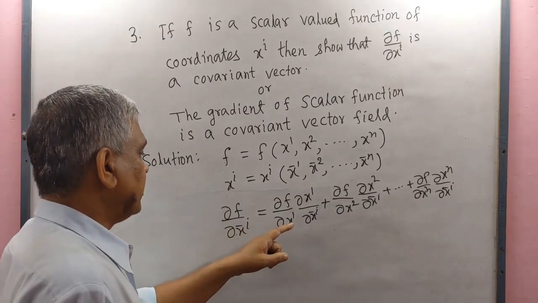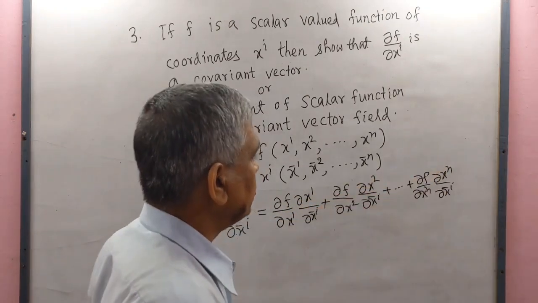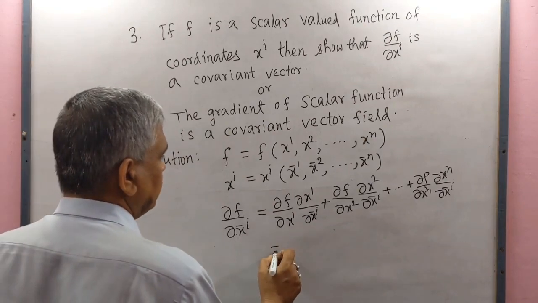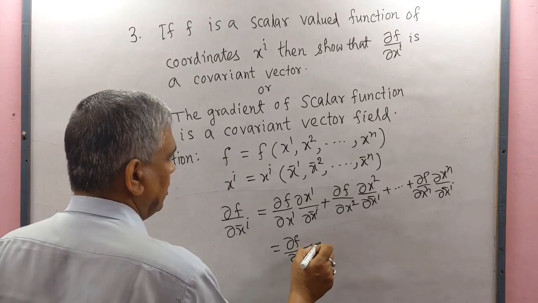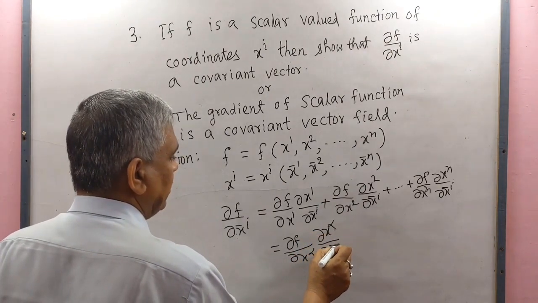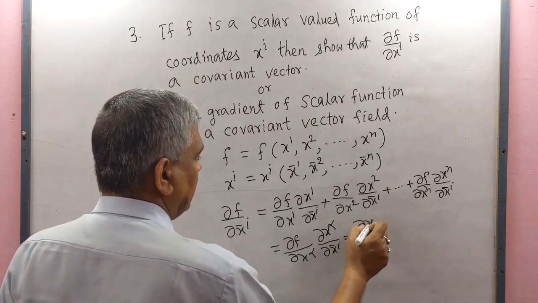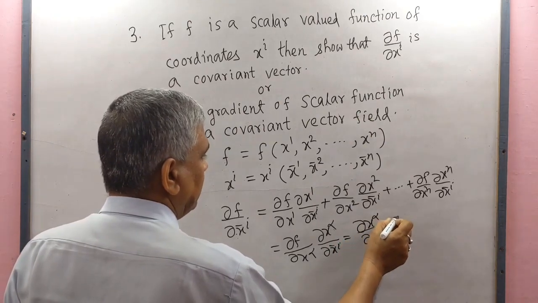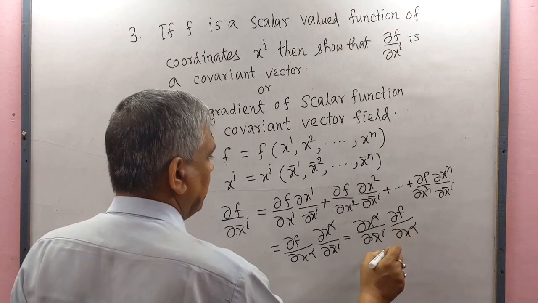Here we see 1, 1, 2, 2, n, n. So we may write this in the form of a dummy suffix. This will be del f by del x^alpha times del x^alpha by del x bar i. Rearranging, del x^alpha by del x bar i times del f by del x^alpha.